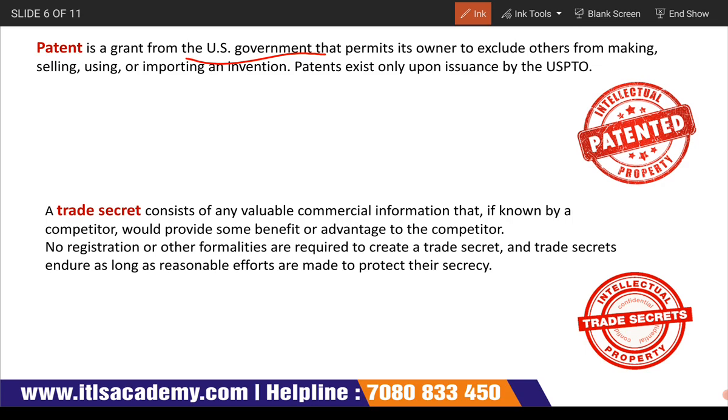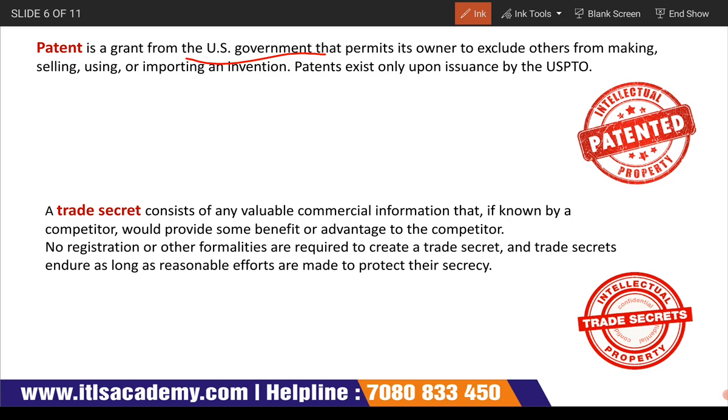So the patent owner has a monopoly right of making, selling, or using the patented product or process of invention. Whosoever is the person, he or she has the right to sell their product. A single right is given to that inventor.